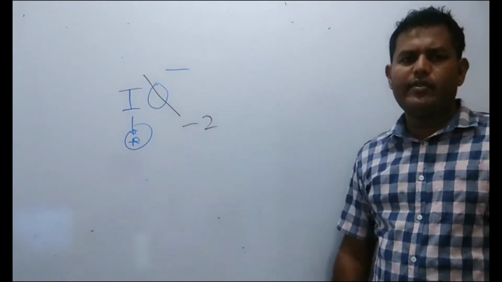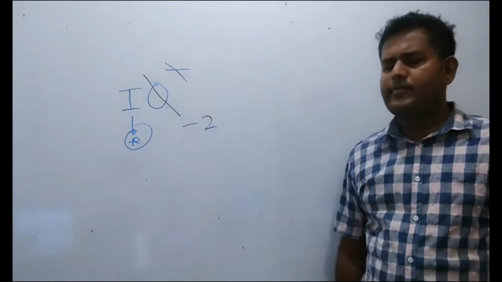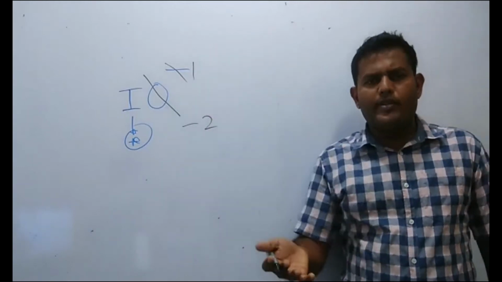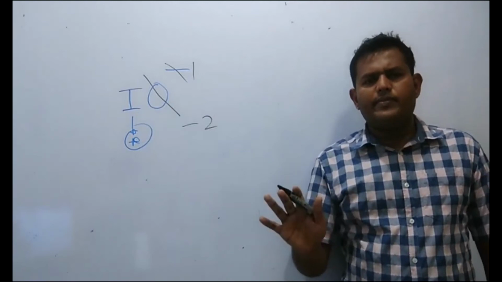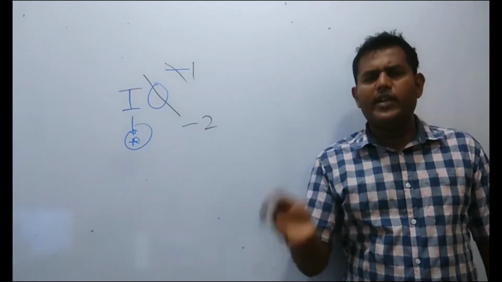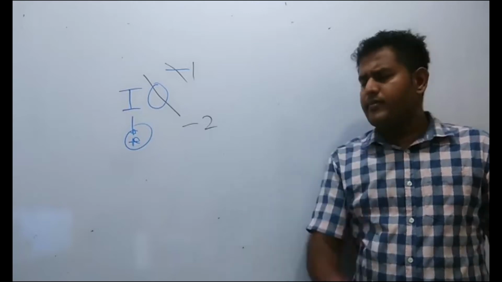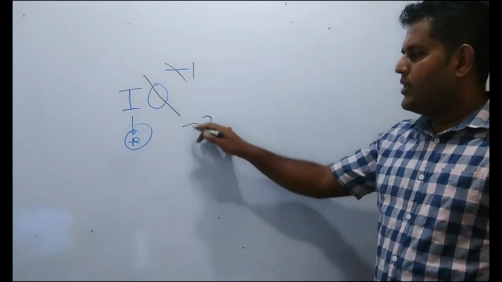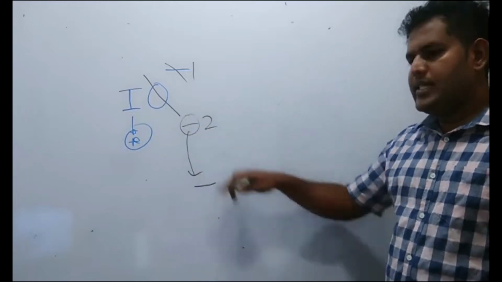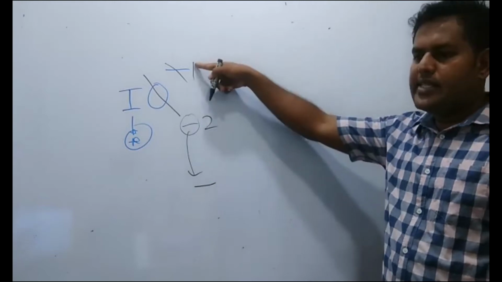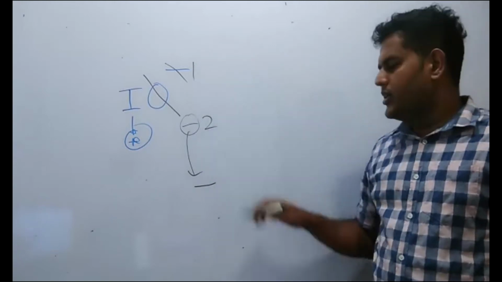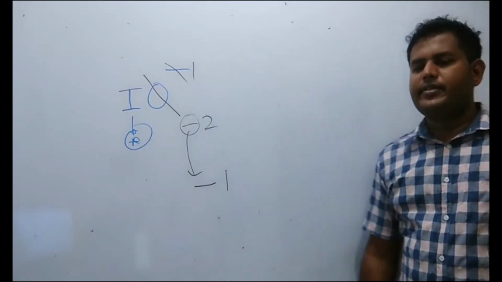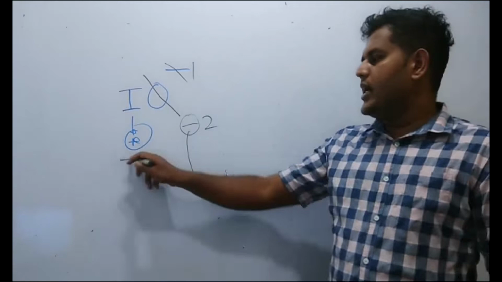Just subtract one from two without considering the sign, but do not forget the sign. Two minus one gives one, that's minus one, so then get the inverse value. So this iodine is plus one.